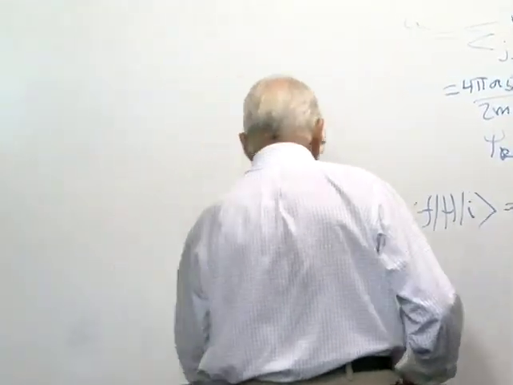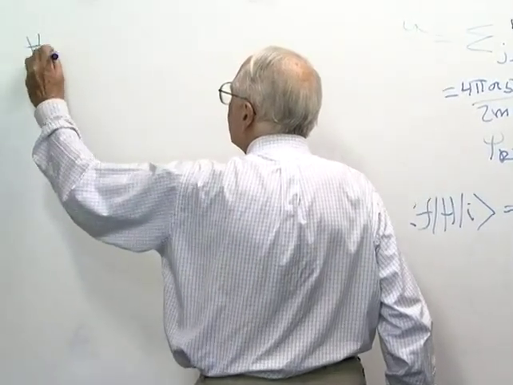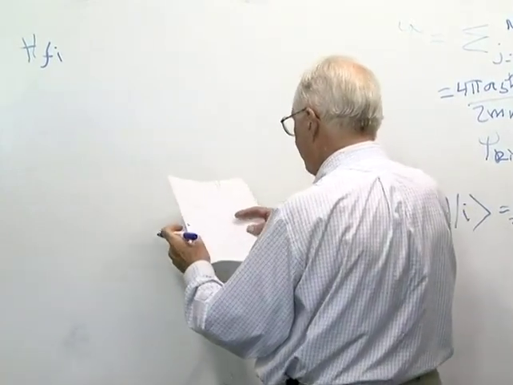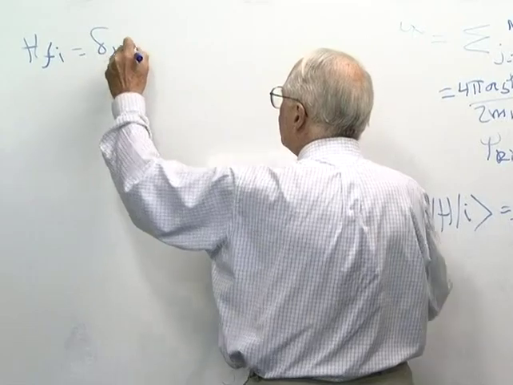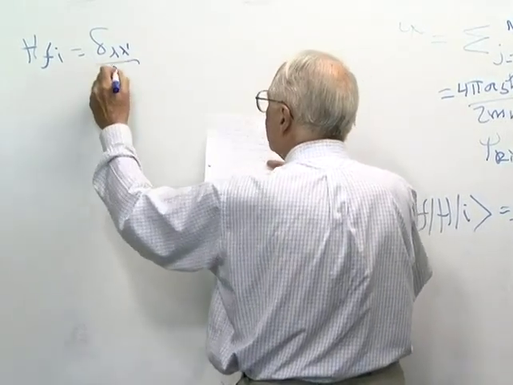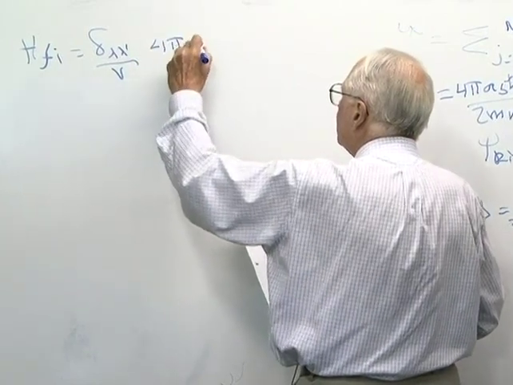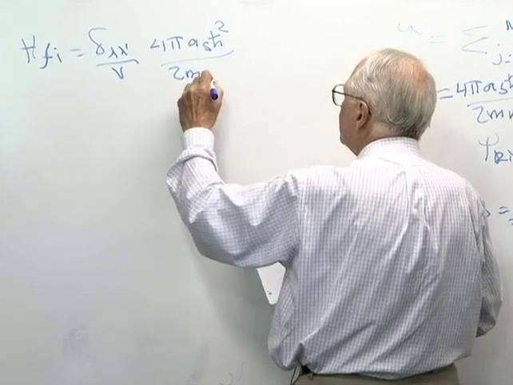In fact, I guess in my notes I called this HFI, and let me just call it that because that's what I wrote down here. I get delta lambda prime over the volume, 4 pi a sub s h bar squared over twice the mass of the neutron.